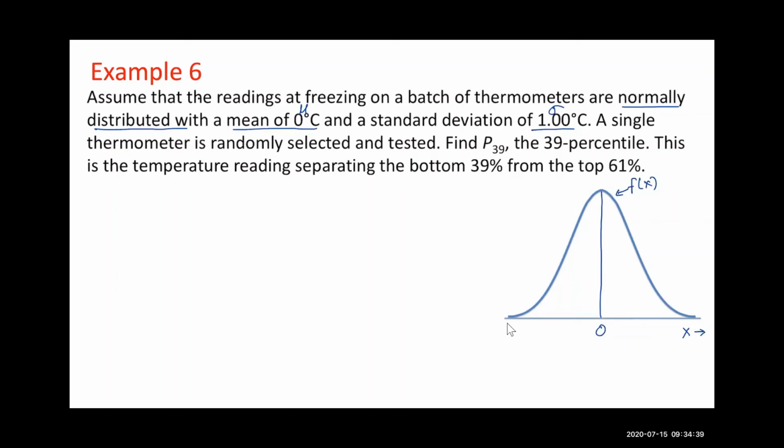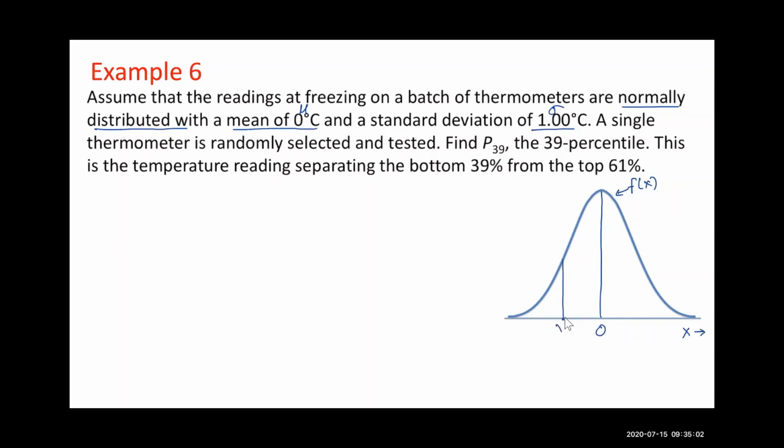In a normal distribution, in the middle you have mean, median, and mode. The median is the 50th percentile. What is the 39th percentile? If 50 is here, 39 should be somewhere here. So maybe this one is P39.